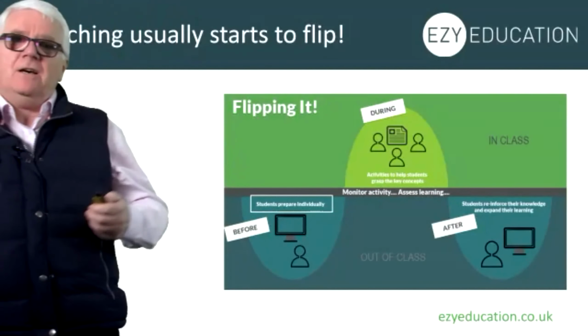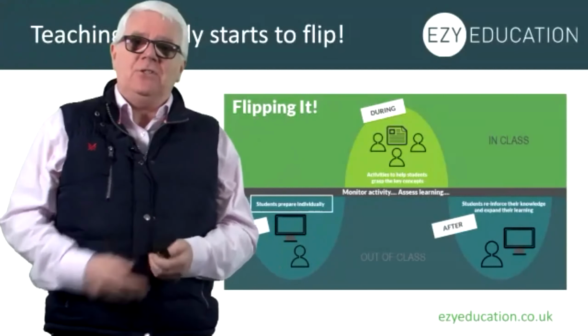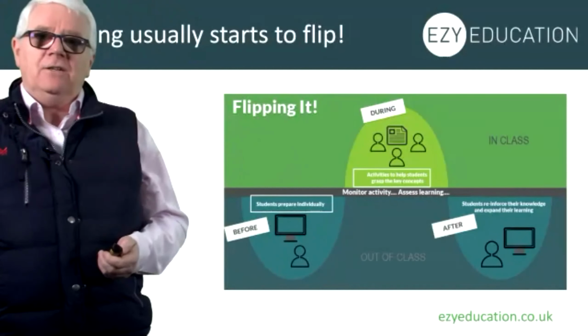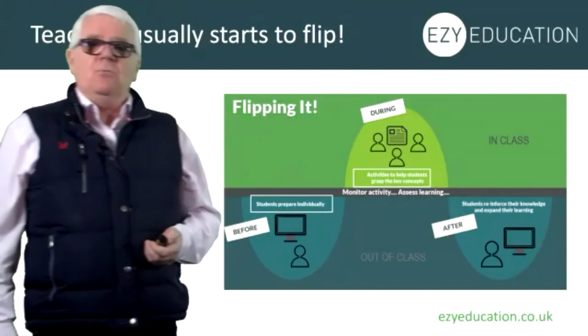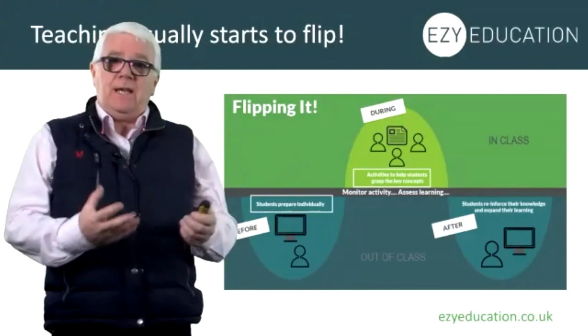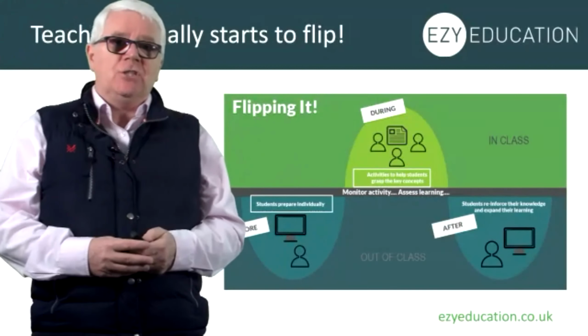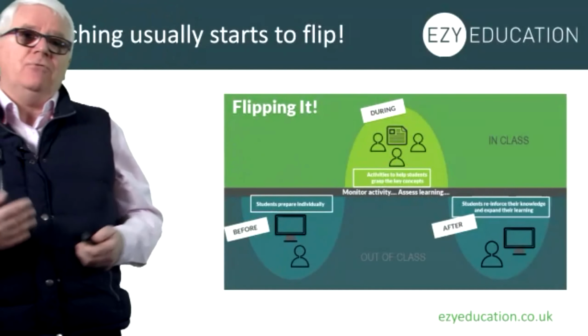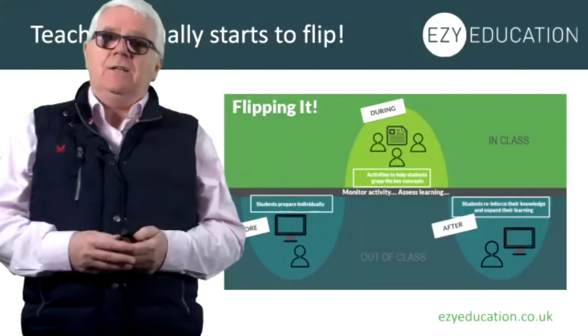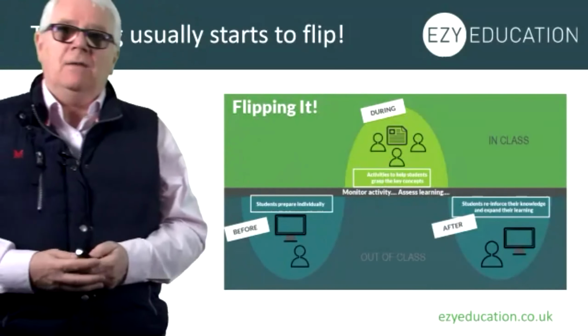The idea of flipping is that you set them work to do individually beforehand. When they get into class, you're doing different activities to help develop and build on those foundations. And then the students reinforce their knowledge and expand their learning through their independent work beyond that.